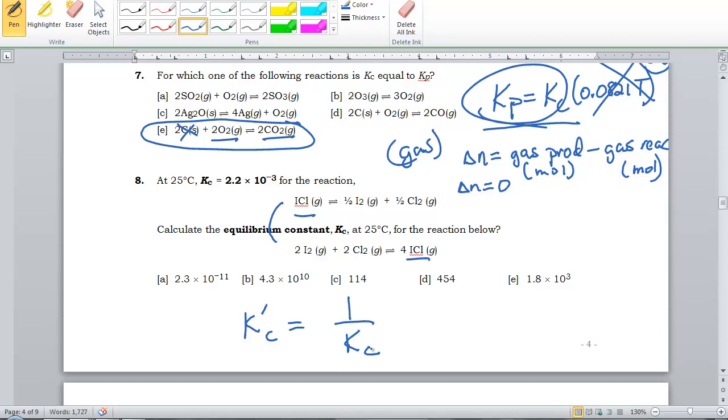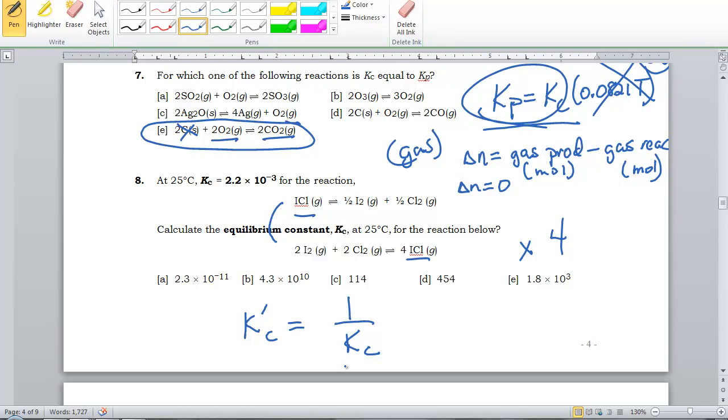All right. Now, what else was changed here? Yeah, we multiplied the equation by 4. Now be careful here, because we raised the power of the coefficients, we don't multiply the original equilibrium constant, we raise it to that power.